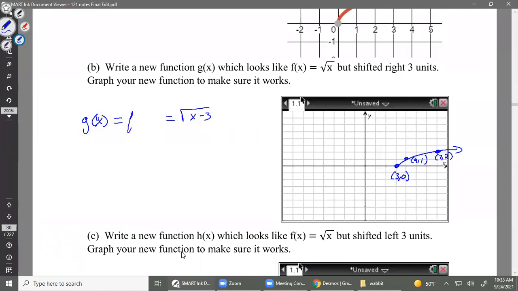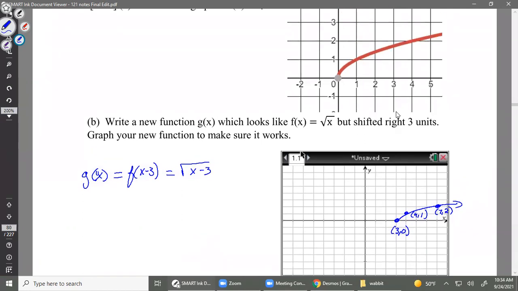So this is f of x minus 3. Now, why in the world would I do a minus to move it to the right instead of a plus? If we think about that point 0, 0, I want 3, 0 to play that same role as 0, 0 did before.